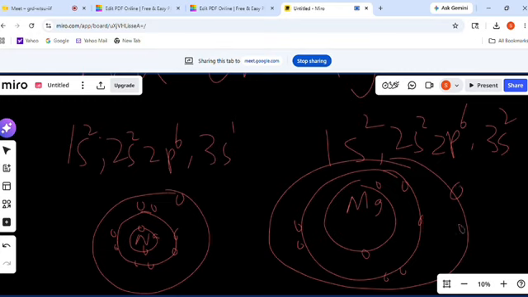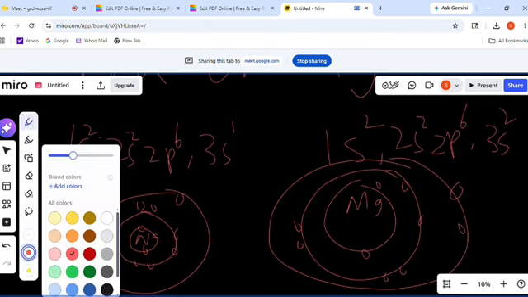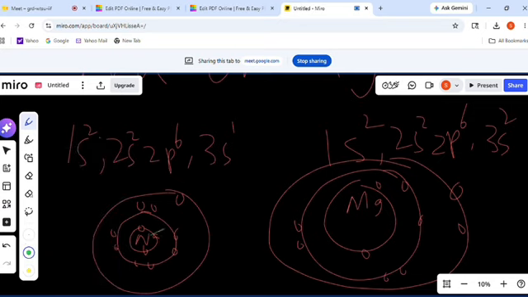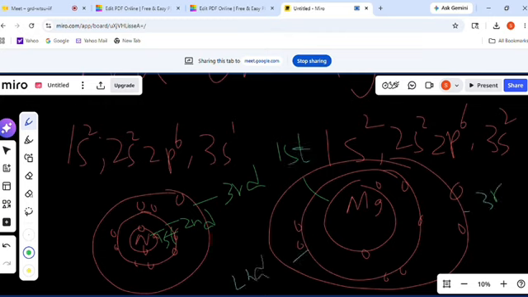Similarly, magnesium: first shell 2 electrons, second shell 8 electrons and the last shell 2 electrons. You can see that both sodium and magnesium have, you can count, how many shells? Sodium has first, second and third. Similarly, magnesium has first, second and third shell.